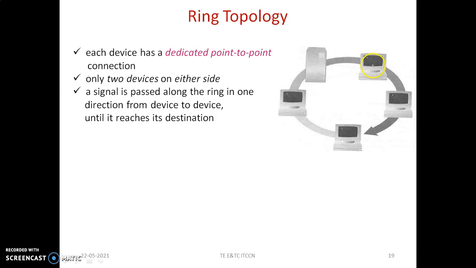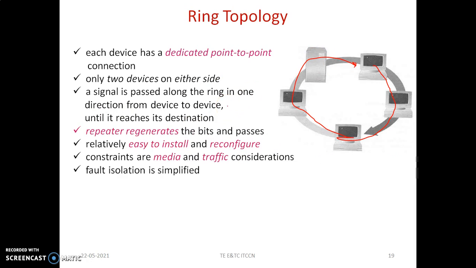So if this is a particular node which has to transfer the packet, it will be transferred from this device to this device, and then received by the other port to the destination. Suppose the destination is this particular node. The task of the repeaters, which we have seen in the earlier pictorial representation, is to regenerate the bits and pass them ahead.